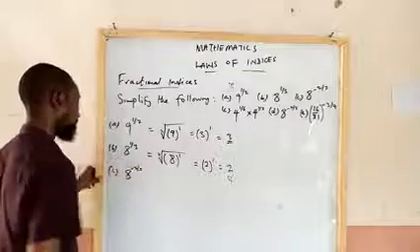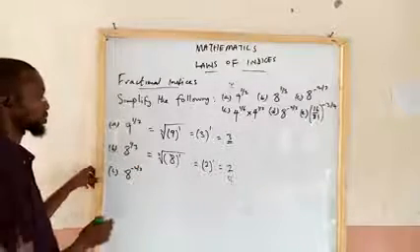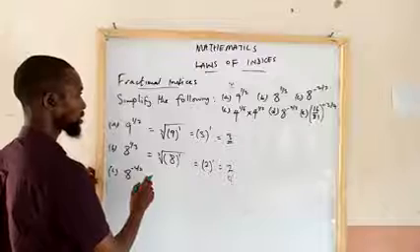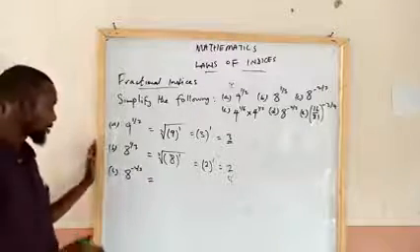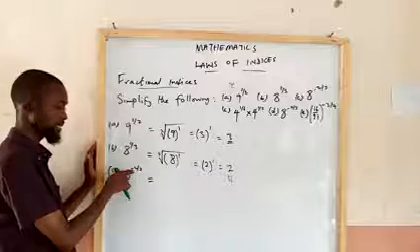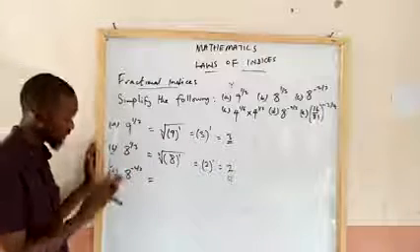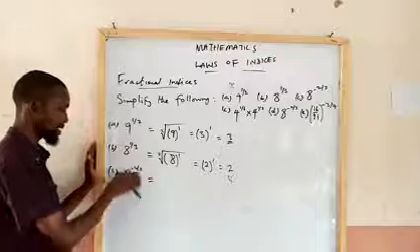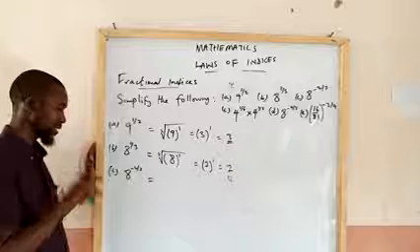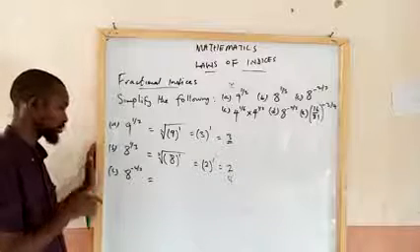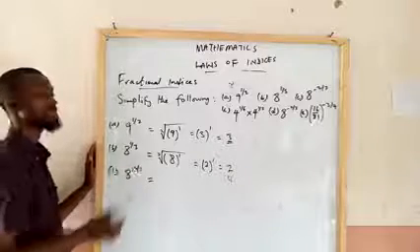2 over 3. 8 raised to the power minus 2 over 3. Solving this one means we first of all eradicate the negative sign. In a situation whereby our power carries a negative sign, the first headache we have in that solution is the eradication of the negative sign.